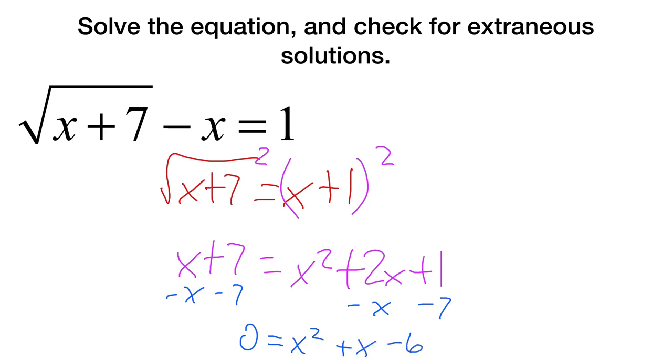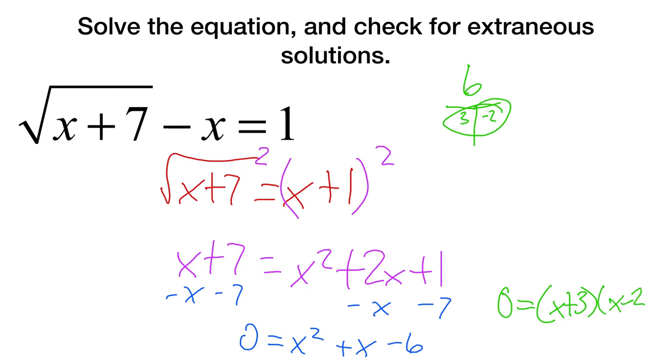So two numbers that multiply to be negative 6 and add to 1 are 3 and, in this case, negative 2. So we have 0 equals x plus 3 times x minus 2, meaning x could equal negative 3 or 2.